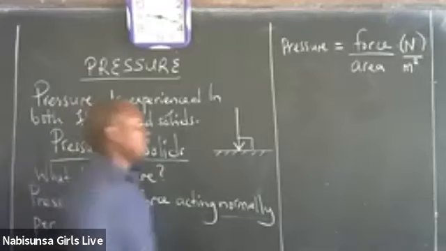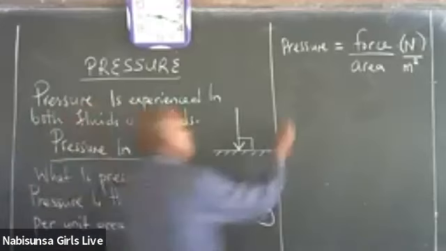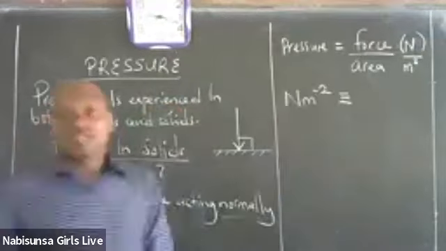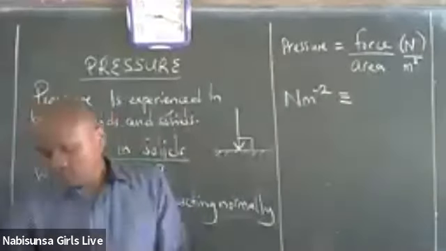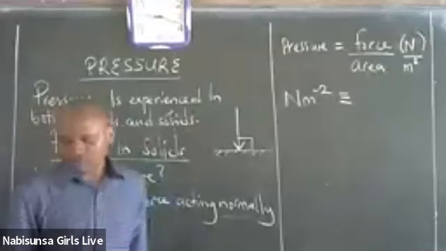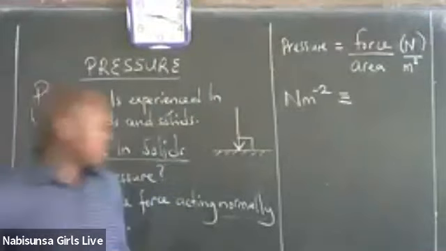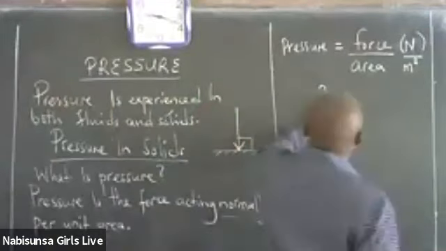Now, when you have newtons per meter squared, it is equivalent to one unit. What unit is that? Newtons per meter squared. Okay.